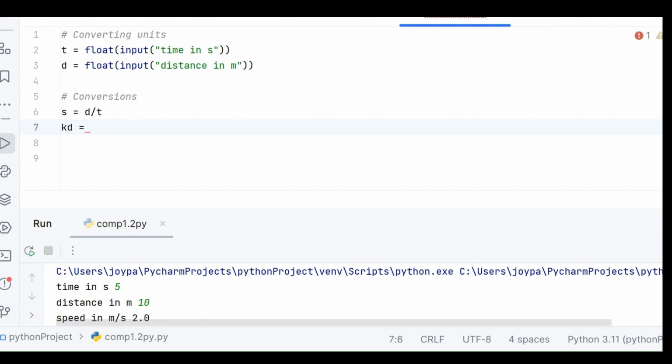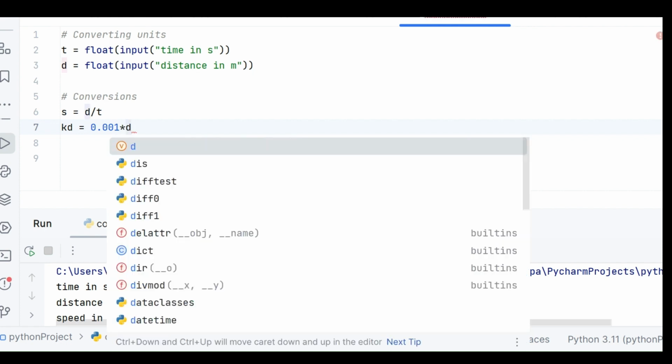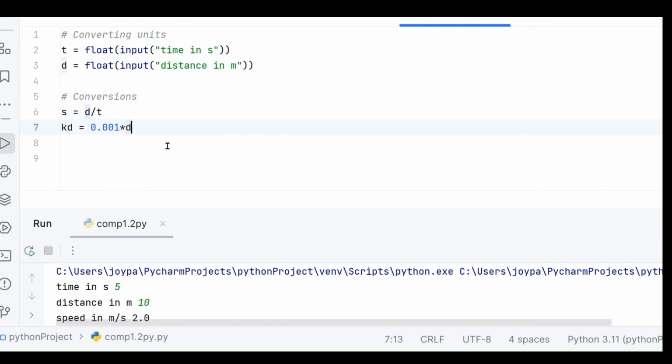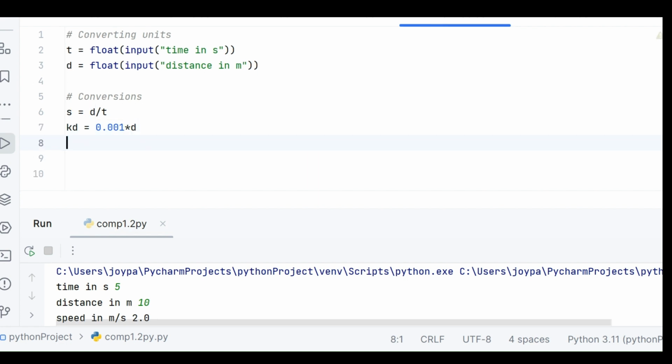But because we're going from meters to kilometers, we have to do it in a different way, and that's to be multiplied by 0.001 times d. Now, the reason for that is that if we think about it, distance is in meters. So let's say I've got 1,000 meters. Then to get it into kilometers, I'd have to divide by 1,000. And divided by 1,000 is the same as multiplying by 0.001.